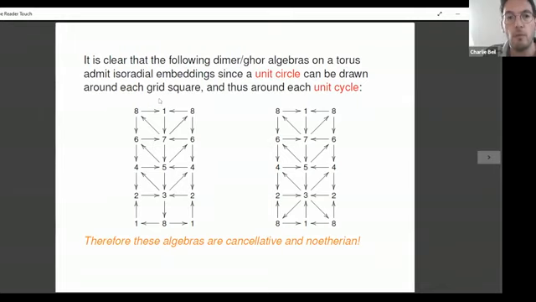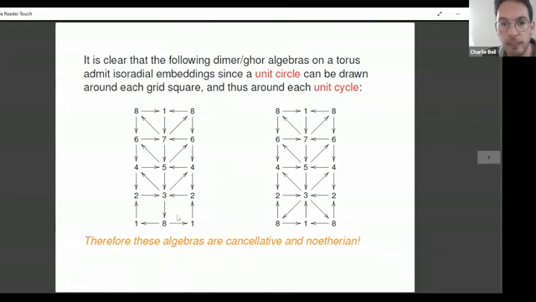Since a unit cycle can be drawn around each grid square, and thus around each unit cycle. And again, the vertices labeled with the same number, so there's 8 and 8, those are the same vertex, the 6 and the 6, and so on. And the arrow here from 8 to 6 is identified with this arrow from 8 to 6. These are just drawn in a fundamental domain of the surface.